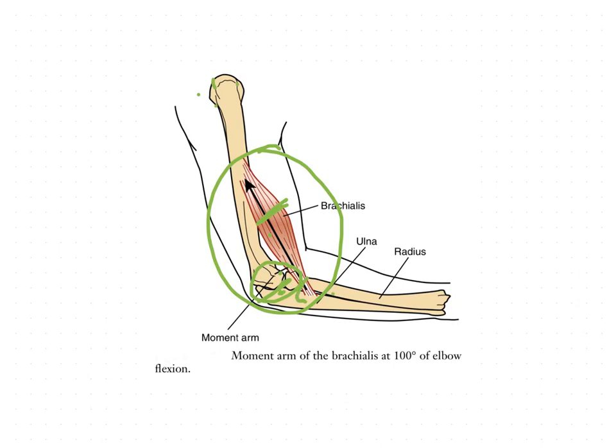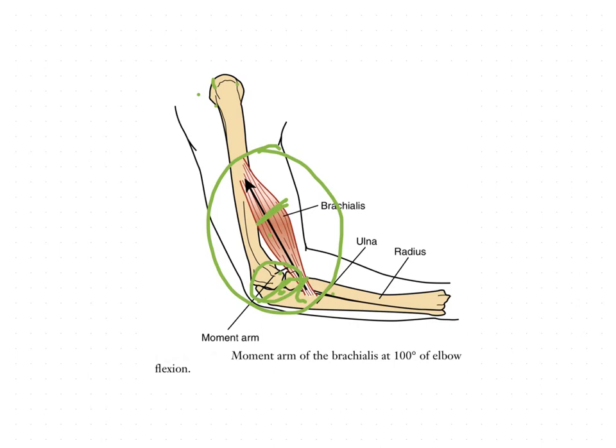The position of the elbow joint in relation to the shoulder and radioulnar joints will also affect the muscle activity.